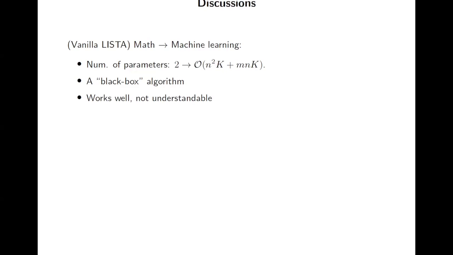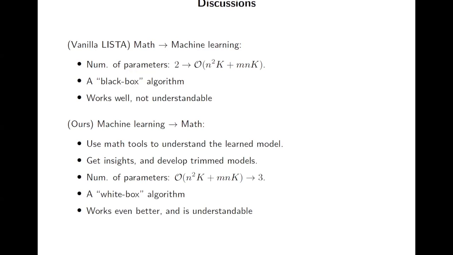It works pretty well, but is not that easy to understand. Our work is a reverse process. We start from a machine learning model to a mathematical algorithm, and we try to understand the learned model and get insights to get a smaller model. The number of parameters is reduced, but it is a white box algorithm and it works even better.